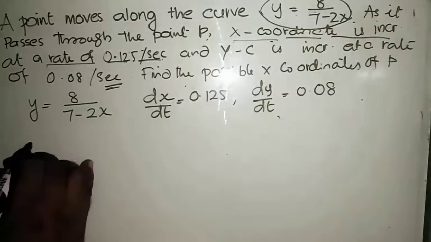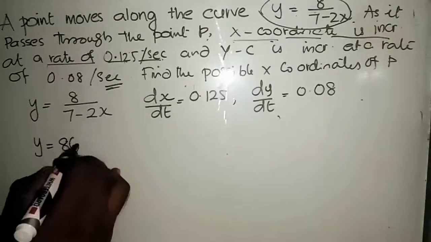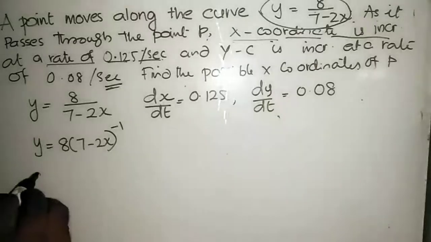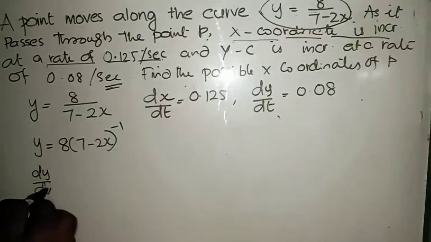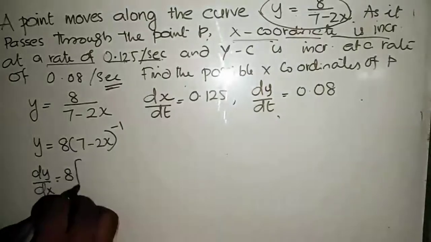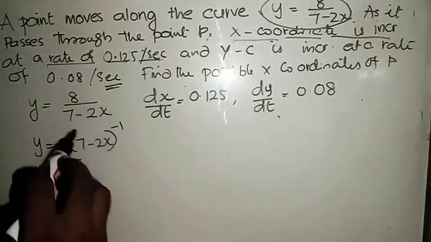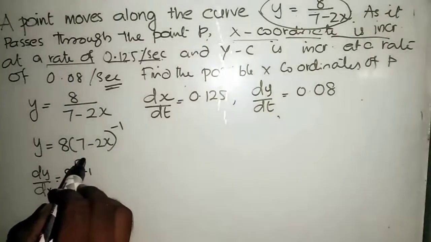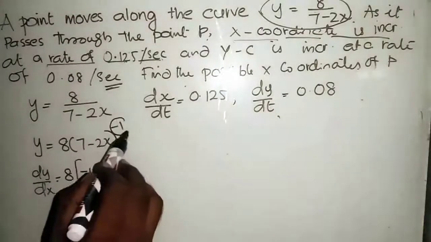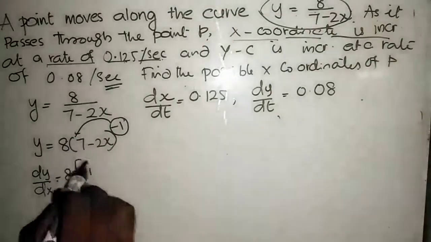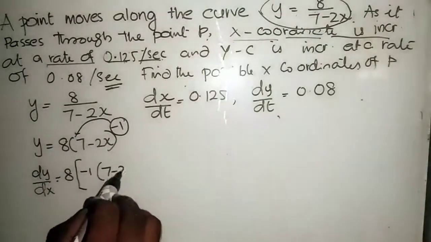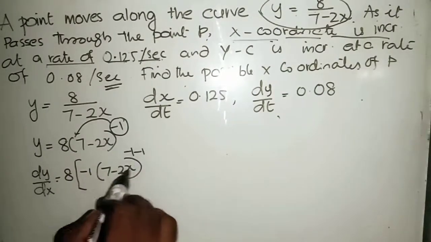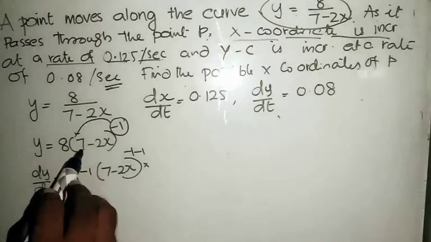Before that, change it into the standard form, 8 times 7 minus 2x whole raised to minus 1, so that we get dy by dx. Actually we have to use the chain rule, but let's do it directly. That is, we do the external derivative first. So we will get 8 times minus 1 of 7 minus 2x whole raised to minus 2, into the internal derivative.